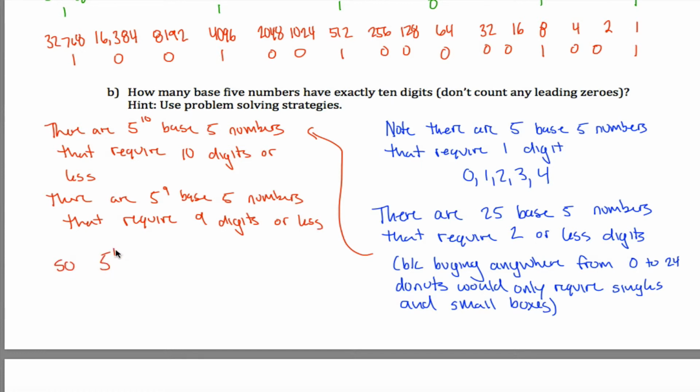So 5 to the 10th minus 5 to the 9th require exactly 10 digits. I'm not going to bother calculating that number. You can if you feel like it, but I'm going to leave it just like that.